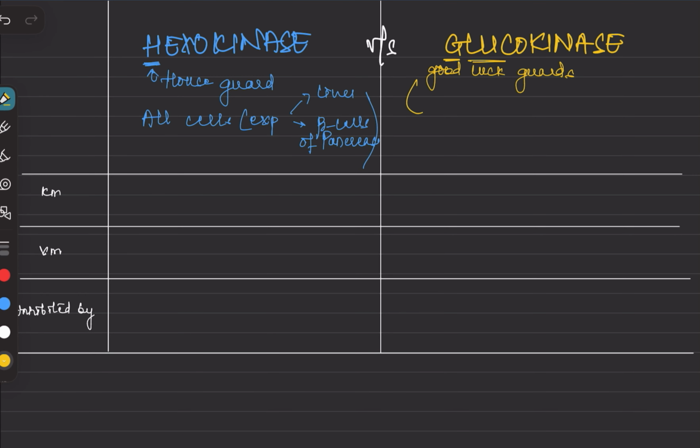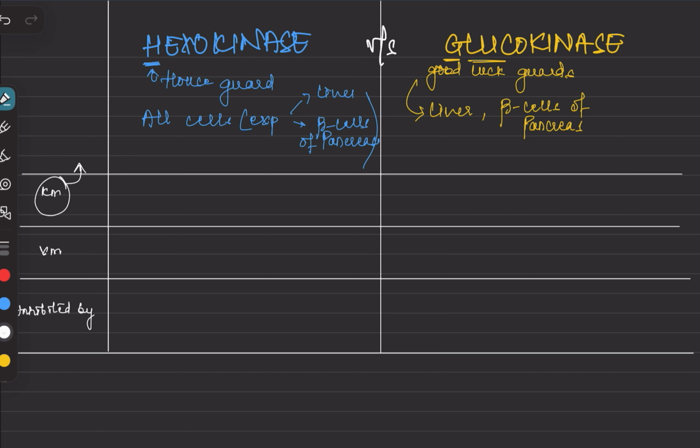So good luck guards will store good luck rain. Good luck rain meaning the extra glucose that is coming will be stored by the good luck guards. It is stored in the liver and beta cells of pancreas. So we need to understand what Km and Vm is.